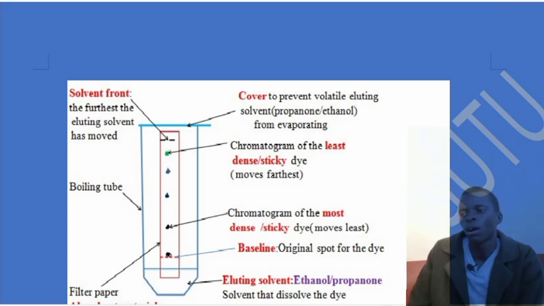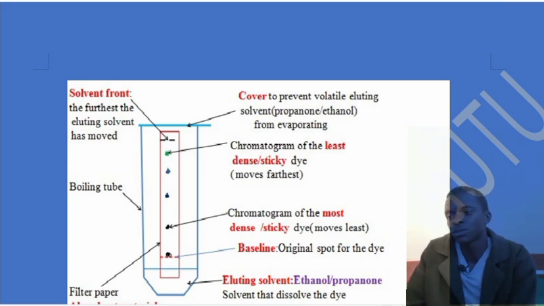Then because you have dipped it into ethanol or propanol, either of the liquid, you can see now we have the spots after being dipped in the liquid. Just after the baseline, we will have a spot that is nearer to the baseline.